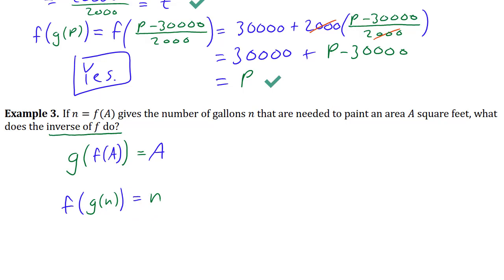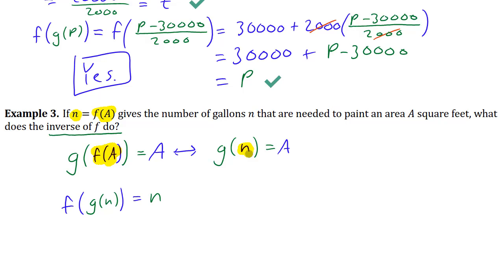Okay, so let's see. What is this doing? We're saying f of a is the number of gallons of paint. So this is basically saying the same thing as g of n equals a. Because remember, we have that f of a and n are the same thing.